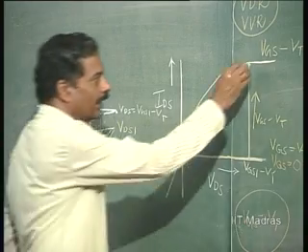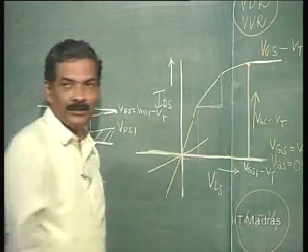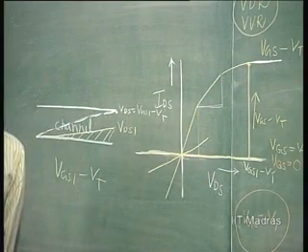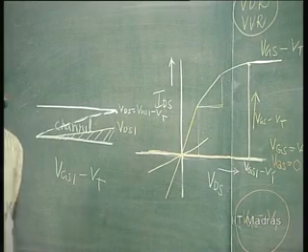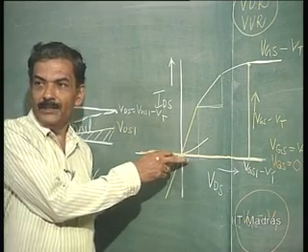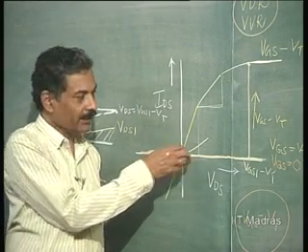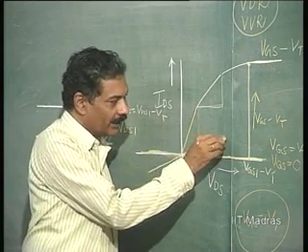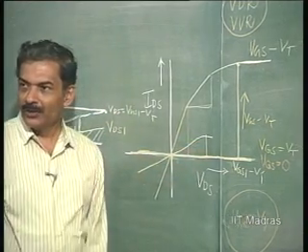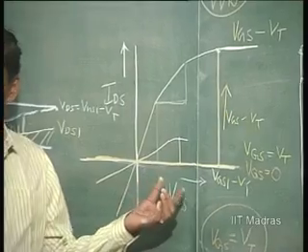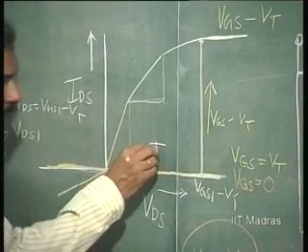So, current is said to reach its saturation value at this point. For a lower value of VGS minus VT, obviously the saturation occurs at the lower value of VDS.